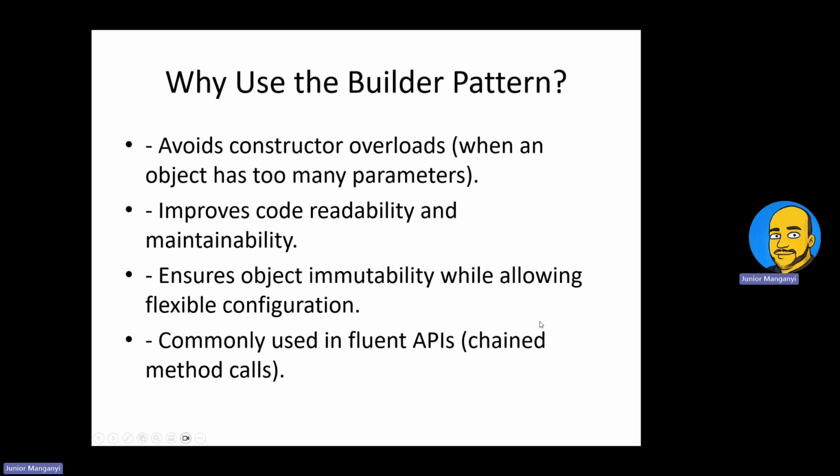So now, why do we use the builder pattern? First, it prevents our constructor overload issues. A constructor, once again, just a reminder, is a method that is used to create objects. If an object has many configurations, the constructor may need many parameters, which will make it hard to read and maintain. But when you use the builder pattern, it avoids this by allowing the software developer to construct this step by step.